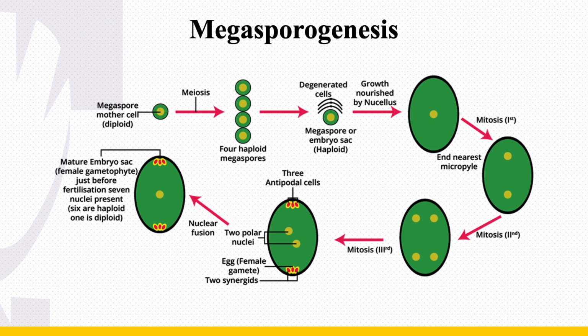I think, as an upper division class, we understand that there are a couple of divisions that happen such that we get that crossing over and we get that genetic recombination. I think that's probably that in a nutshell. We're going to have our synergids and our egg. We have the polar nuclei, and then we have our 3 antipodal cells.